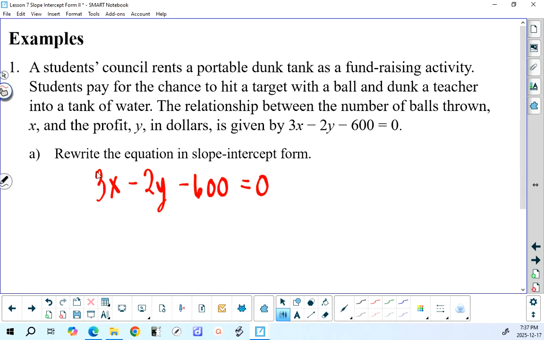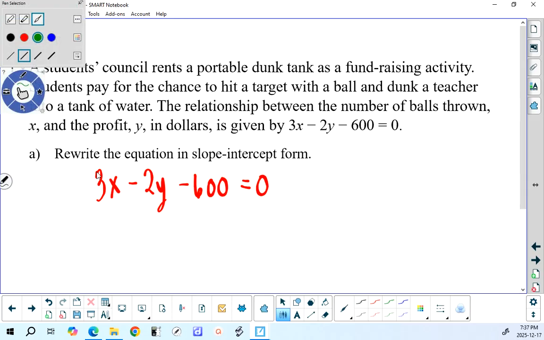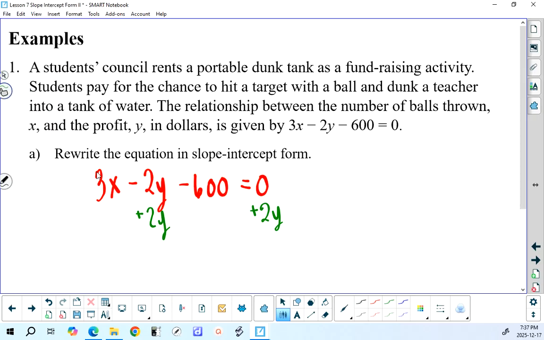So what I'm going to do is add 2y to both sides of this equation. You'll just have to trust me that if you always arrange equations so the thing you're trying to solve for, the thing you're trying to get by itself, starts out positive, you'll be more successful in algebra.